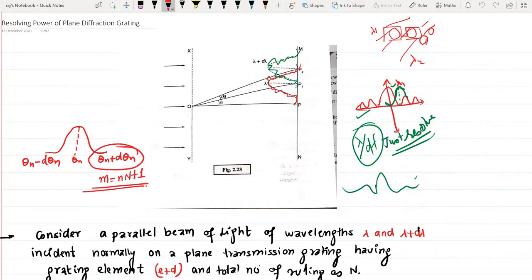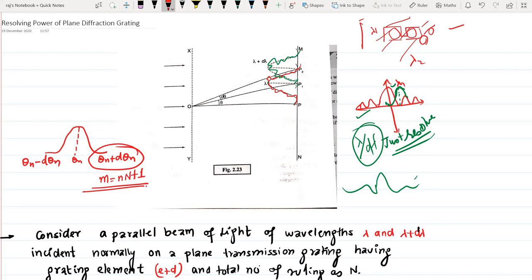So what is resolving power? If you remember, in the previous resolving power video I discussed that a vehicle is coming, and the vehicle has two headlights with different wavelengths. When it is too far, the principal maxima of one wavelength and the principal maxima of the other wavelength coincide, so we see only one light.